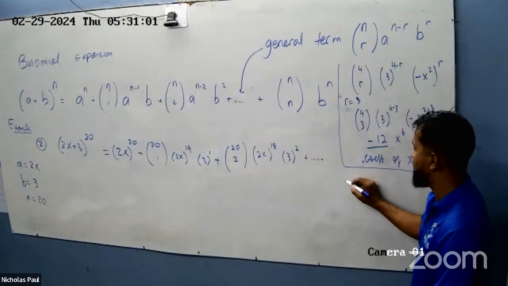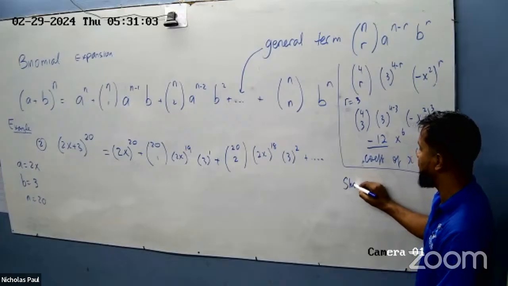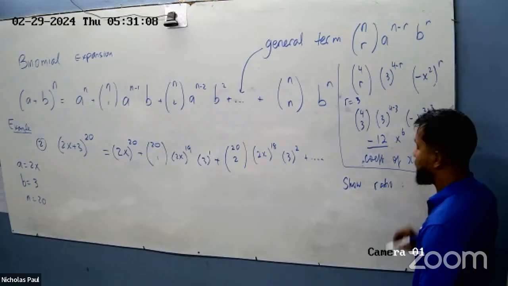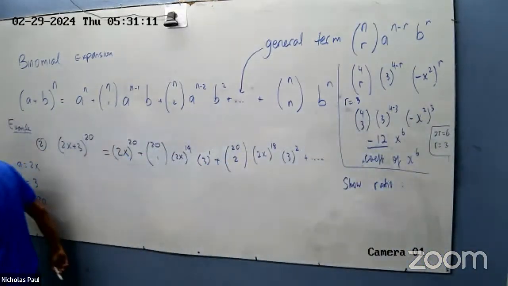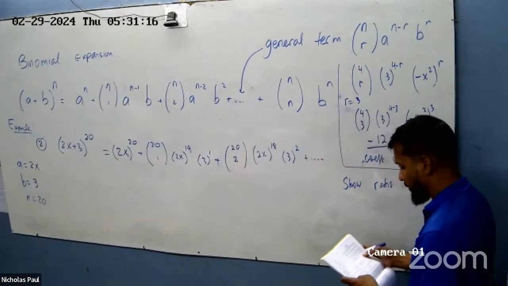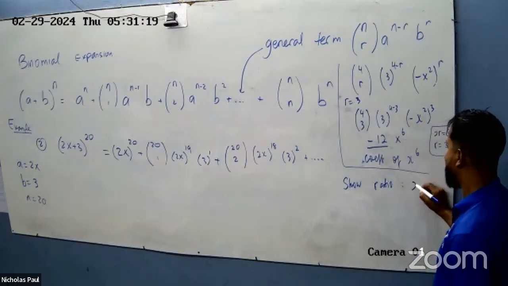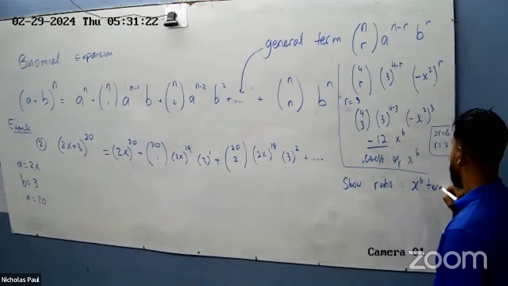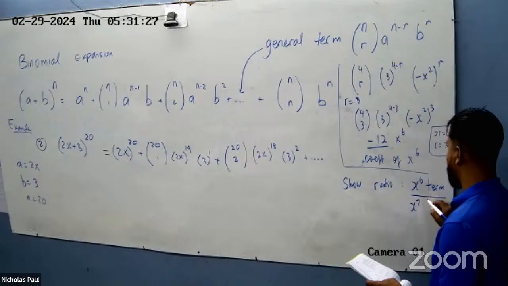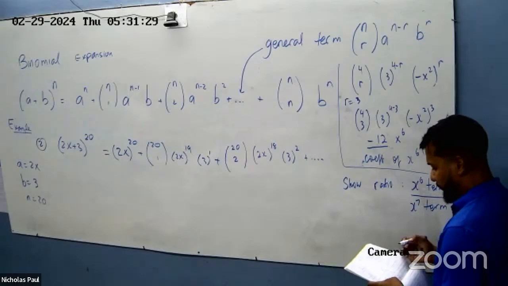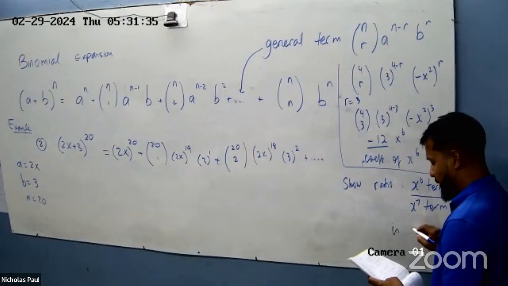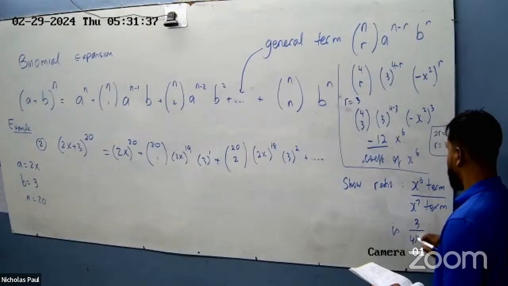I want you to try to show that the ratio of the x to the 6 term over the x to the 7 term is 3 over 4x.